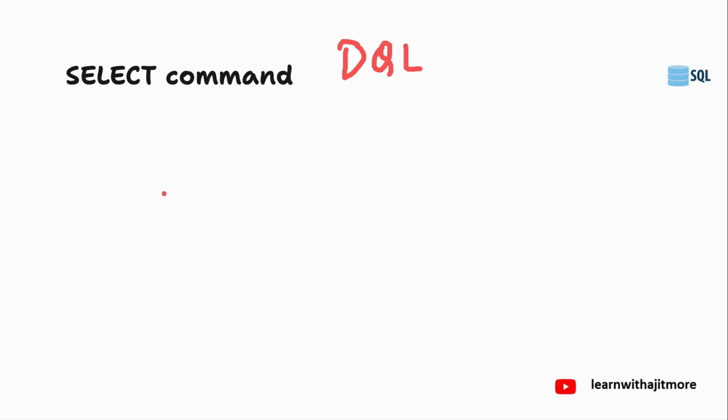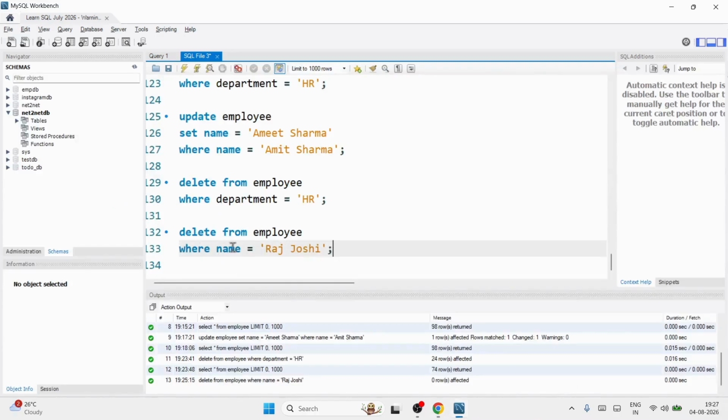MySQL server, I hope you know that. Here we have two parts. MySQL workbench होता है और एक MySQL server. So it will take this query. MySQL server will retrieve the records from the database, and those records it will deliver to the workbench. Workbench collects those records and shows them to the end user, which we see here.